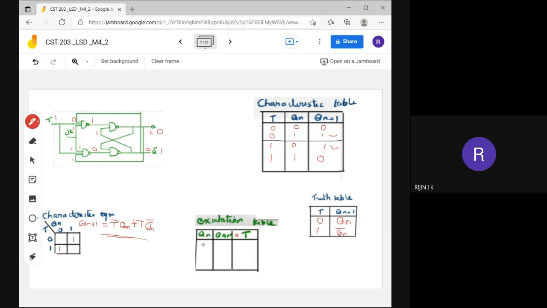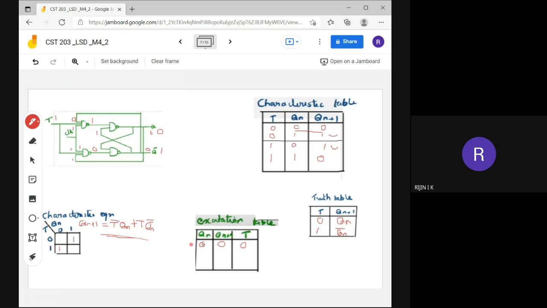First, if both Qn and Qn plus 1 are 0, then what will be the value of T? It is 0.